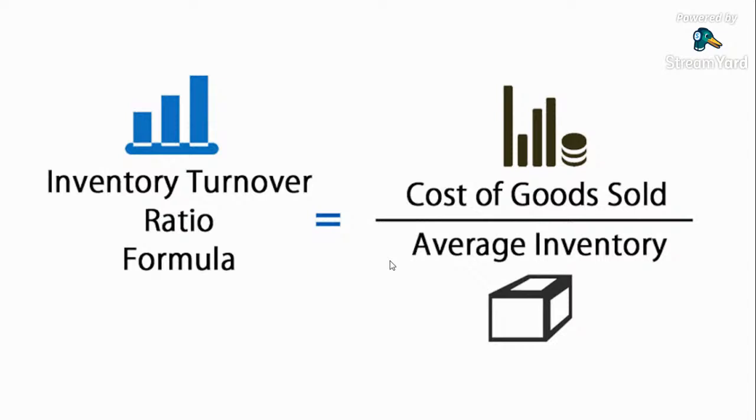So, hindi sila basta-basta nanghuhula lang ng kung ilang inventory yung kinakailangan nila, kundi gumagamit sila ng computation para malaman nila kung ilang inventory yung kailangan para magtuloy-tuloy yung magandang operations ng negosyo. Okay, so this function does not belong to operations management. Ang gumagawa ng computation na yan ay si financial management, and then ikino-coordinate yan kay operations manager.